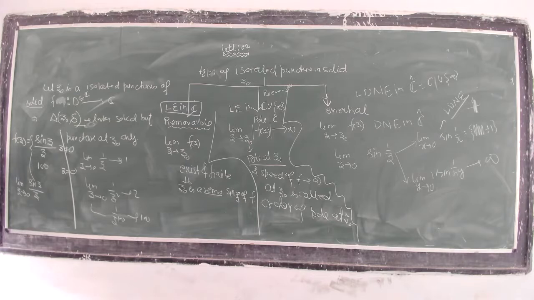Zero value to 1. Apply the L'Hospital rule. Cos z, put z equal to 0 to get 1, right? You know the removable discontinuity definition, right? The limit is finite and the value of the function is different. Therefore, z equal to 0 is removable.